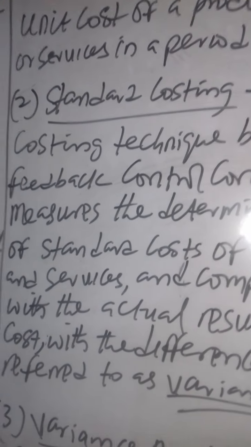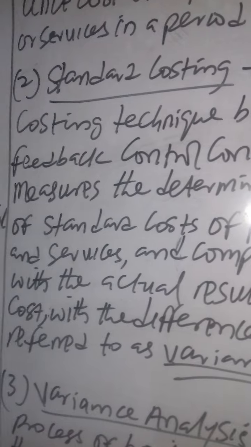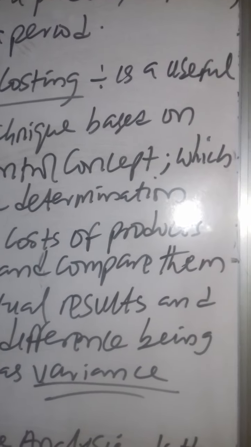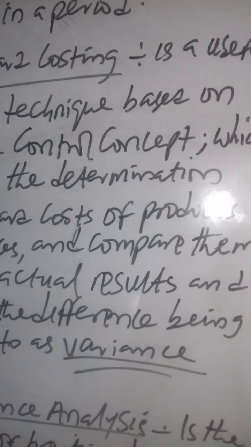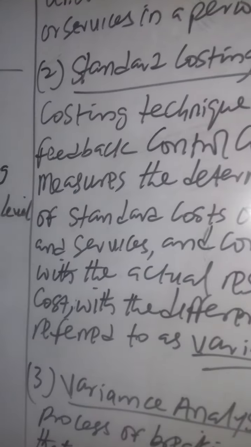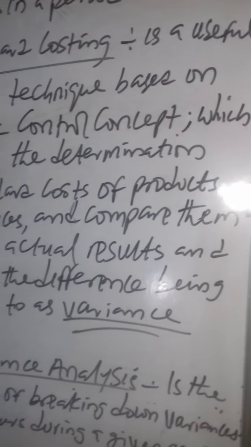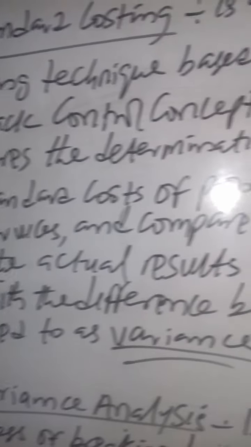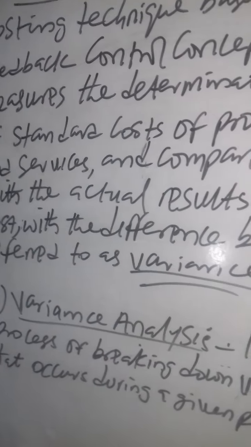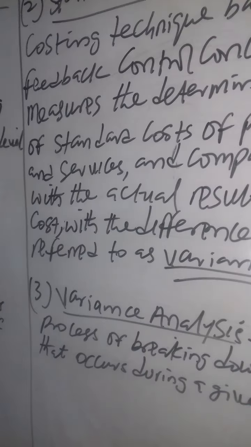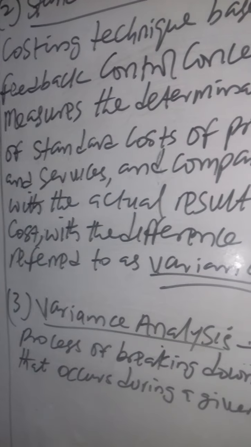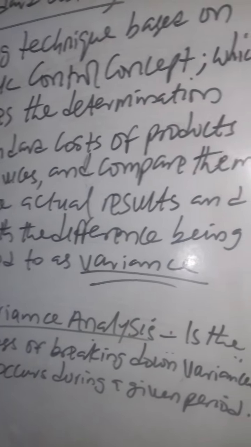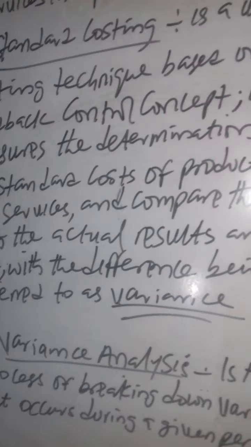Now, what is standard costing? Standard costing is a very useful costing technique, which is based on feedback control concepts, which measure the determination of standard costs of products and services, also comparing them with the actual results and costs, with the differences being referred to as variance.